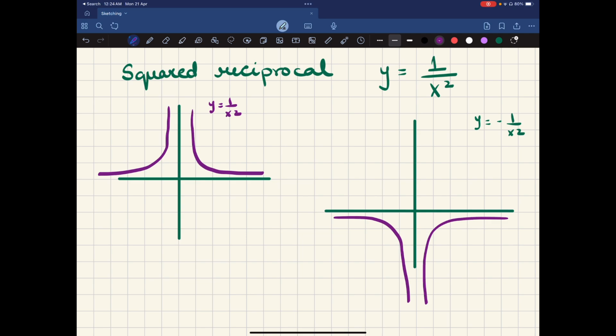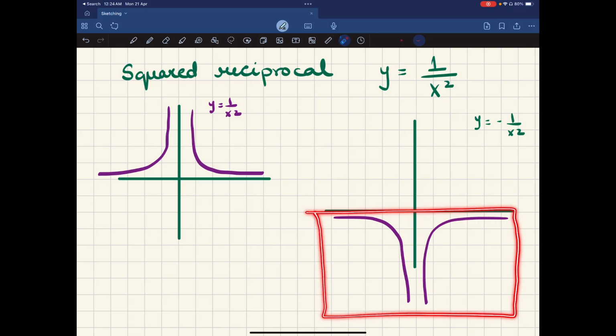Okay. So you have no positive value of y here. Your entire graph is in the negative y region. Why? Because 1 over x squared will always yield a positive answer. It can never yield a negative answer.